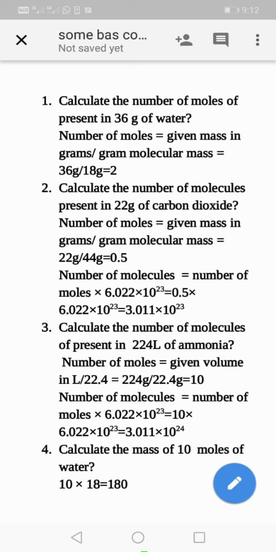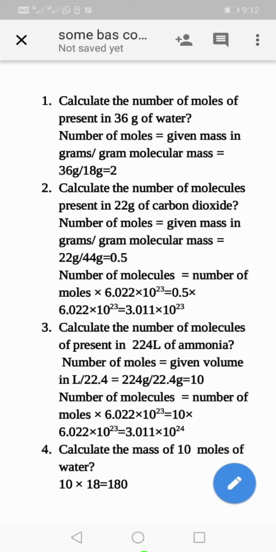Okay, so mass is given, they are asking the volume. For the first two equations, the left hand sides are the same, that means number of moles. So since the left hand sides of these two equations are the same, we can equate the right hand sides: given mass in grams divided by gram molecular mass is equal to given volume in liters divided by 22.4 liter.